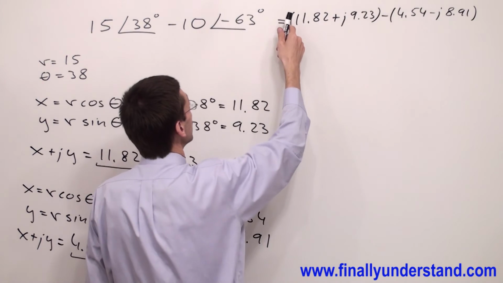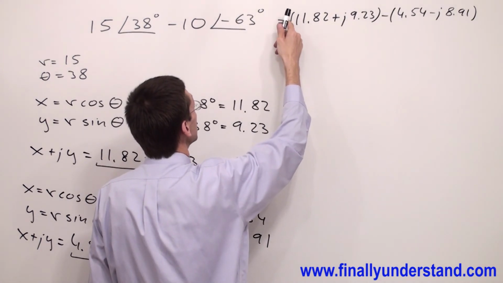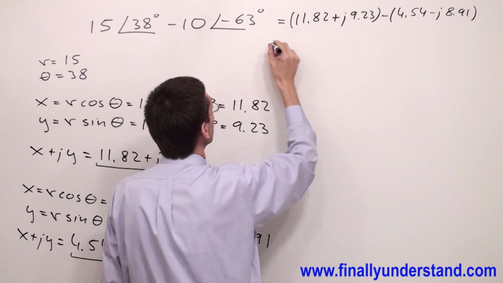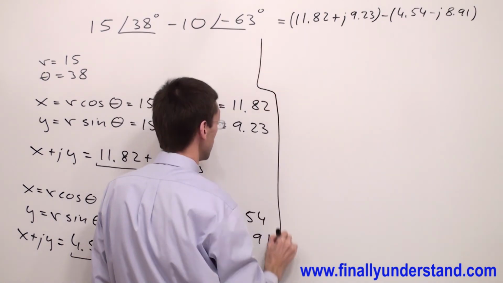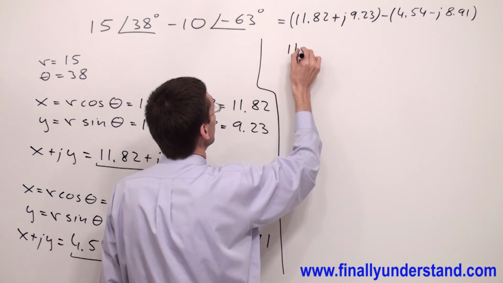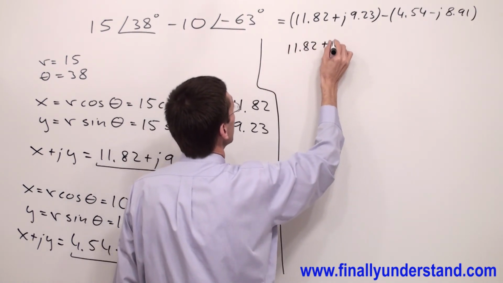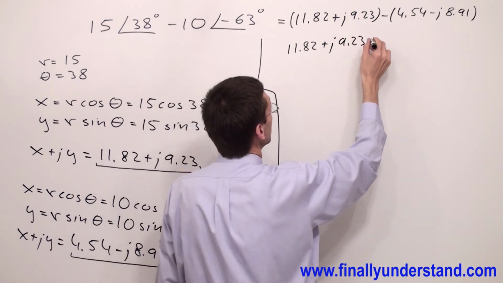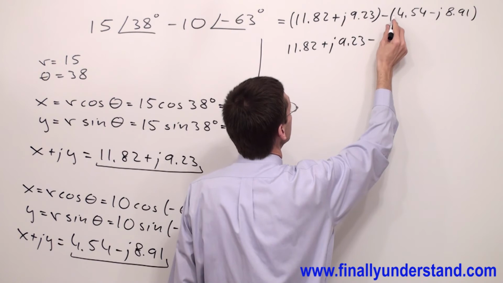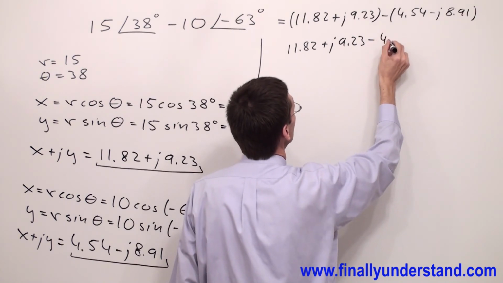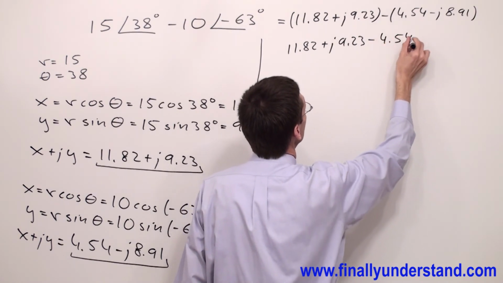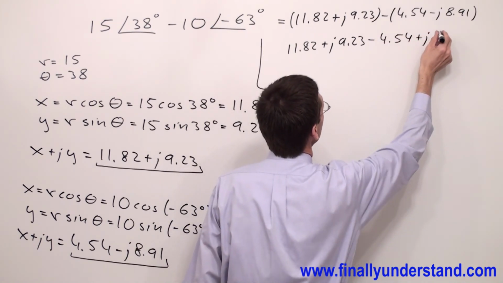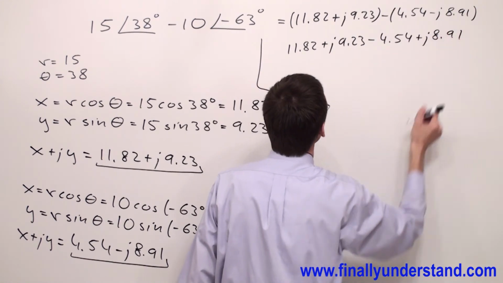Because I have no sign at the front of the parenthesis, it means there is always an invisible positive sign, so I can remove the parenthesis and I'm going to write that this is 11.82 plus j 9.23 minus, because negative times invisible positive, 4.54, negative times negative gives me positive, plus j 8.91.